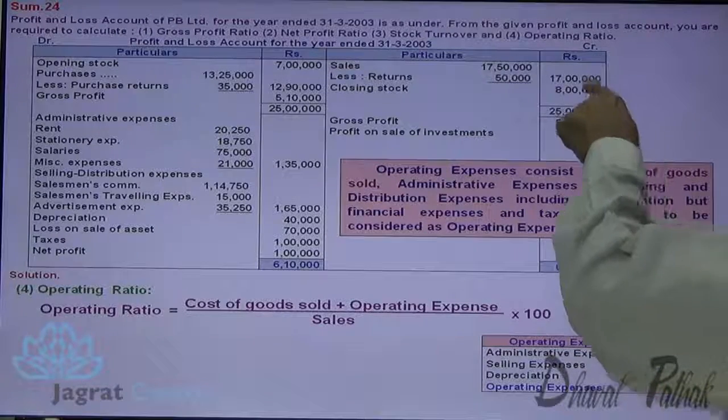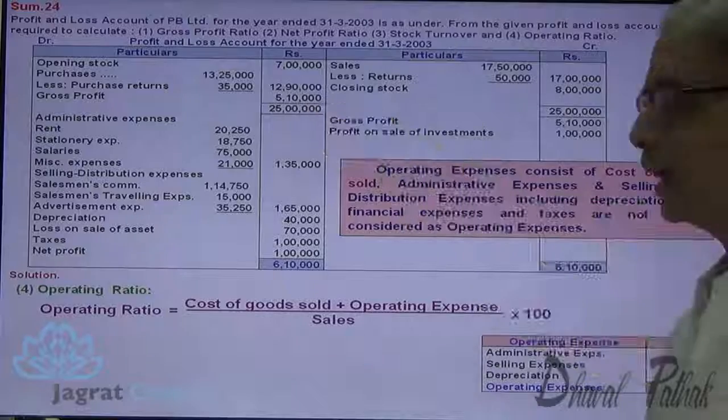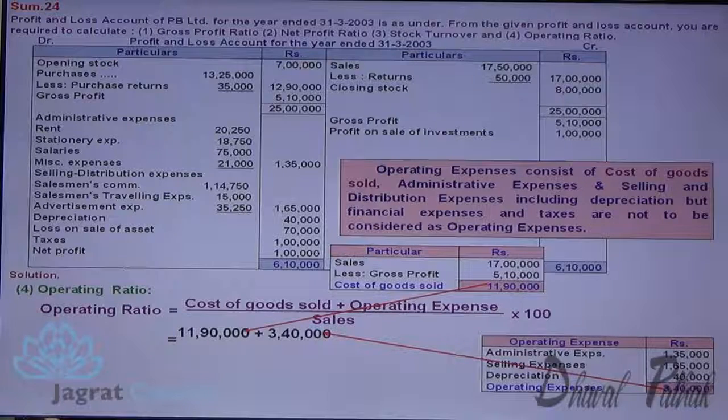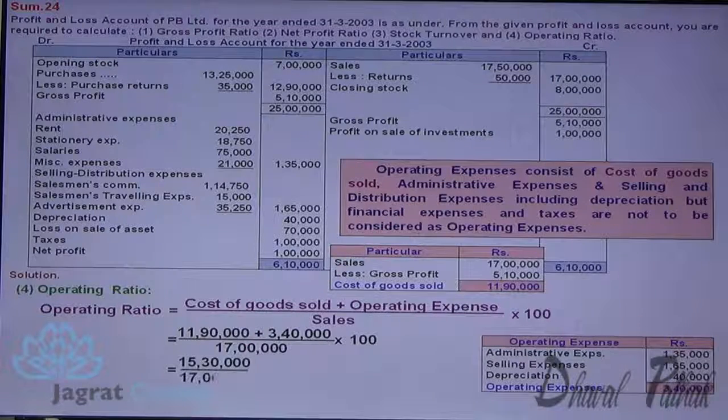Cost of goods sold we have already worked out, 17 lakhs minus 5,10,000. So here 11,90,000 plus 3,40,000 divided by sales 17 lakhs into 100. So here the operating ratio works out to be 90%.